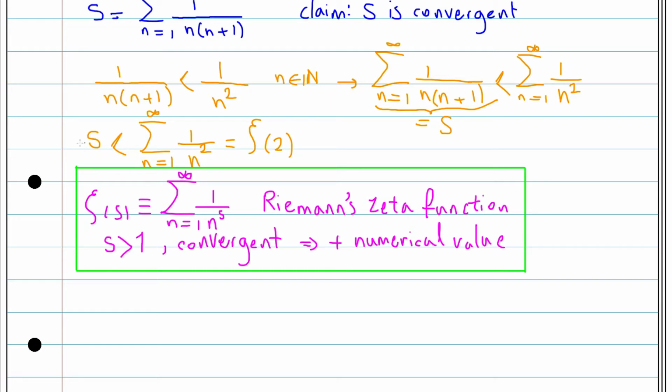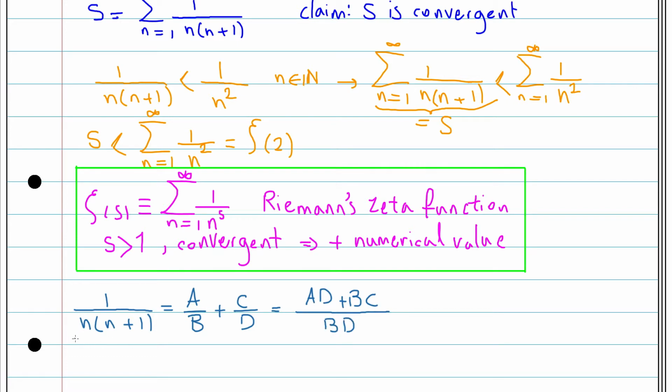Now it's time to find the value of S. Let's suppose that the term 1 over n times n plus 1 can be written as the sum of two fractions, like a divided by b plus c divided by d, which is just ad plus bc over bd.